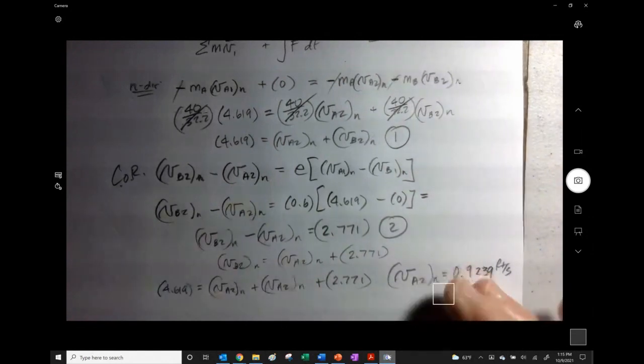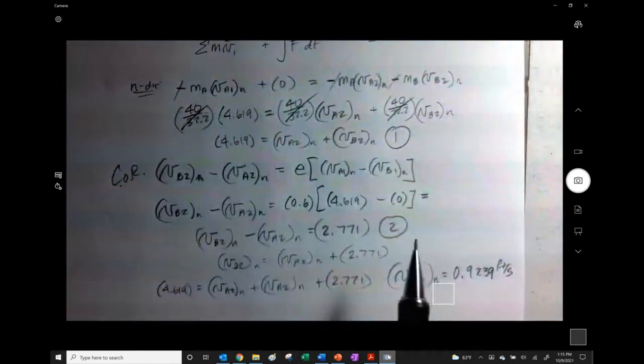So I got a positive value, so it does keep moving, but it has slowed down considerably.